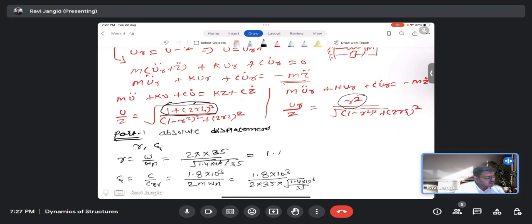That is coming around 0.128. Yes, okay, 0.128.